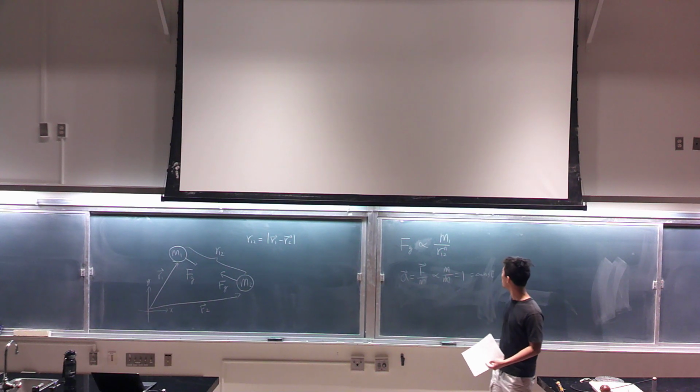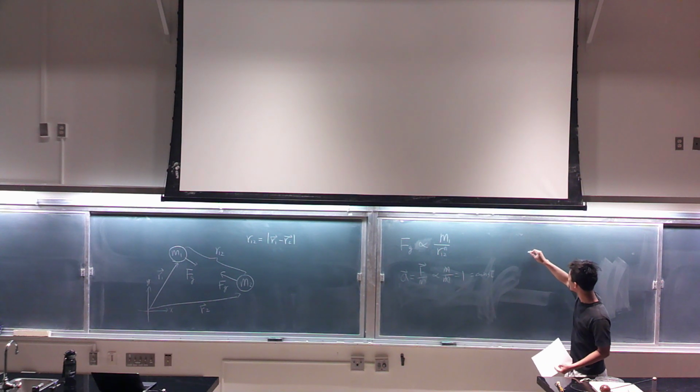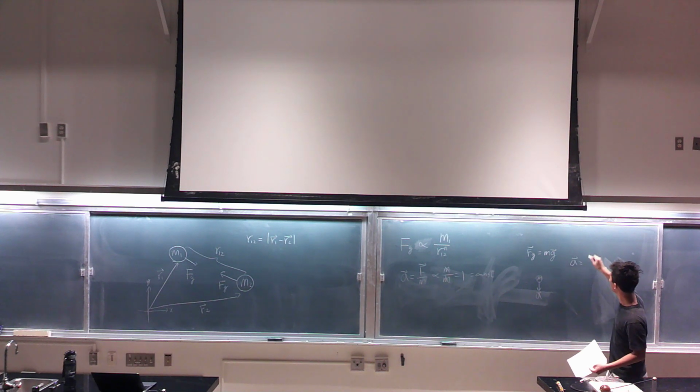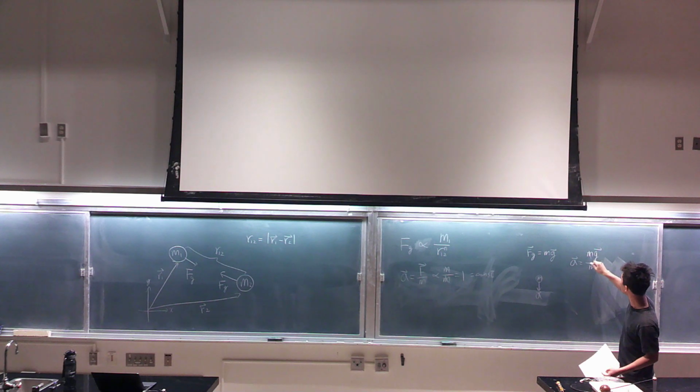Let me give you a more precise example. If you are near the ground, I will tell you later that gravity will be the mass of this ball times a constant acceleration g. So if you look at the acceleration of this particle, it will be the force divided by the mass, and you see the mass cancel.